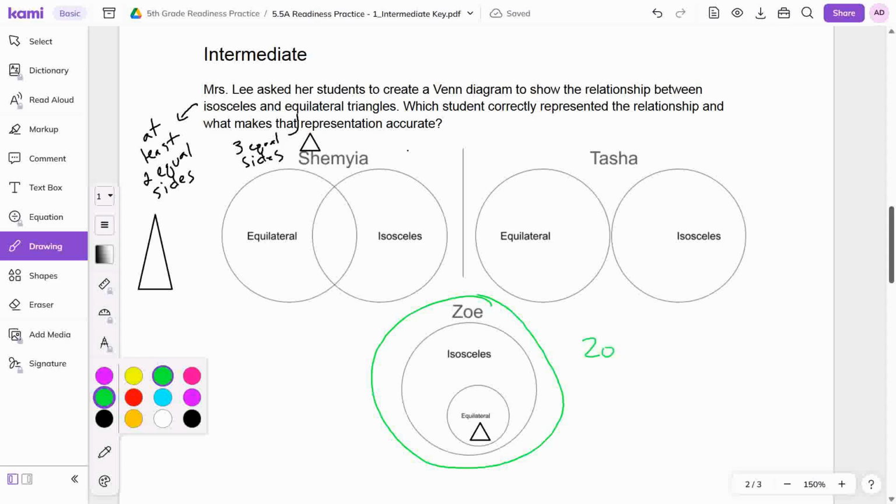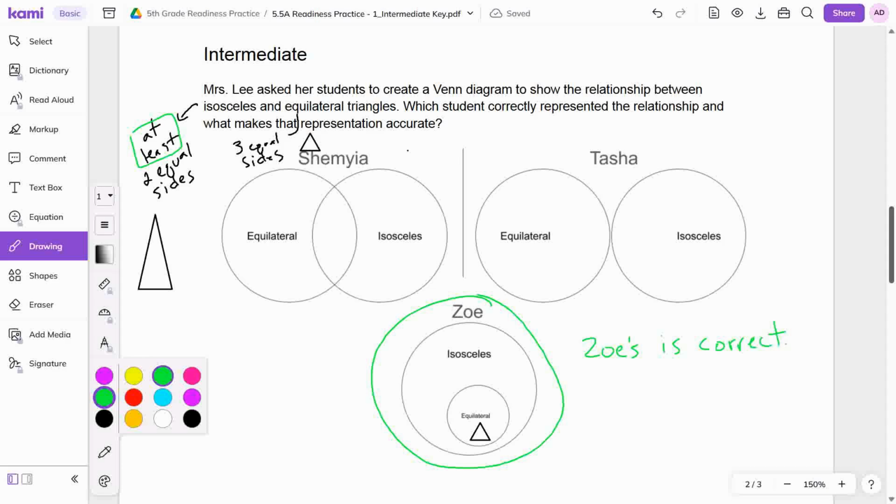Zoe is correct. Even though we think of them as two different types of triangles, look at the definition: at least two equal sides. And an equilateral has at least two equal sides. It has three to be exact.